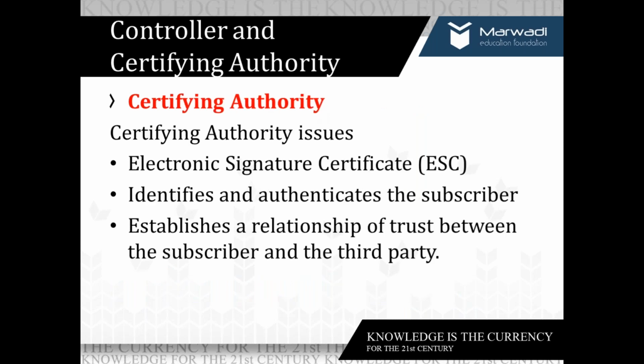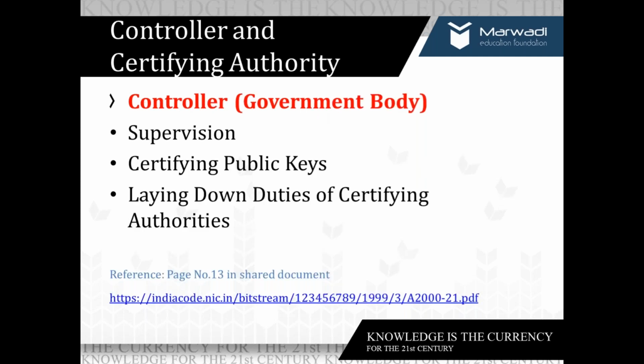We will see who the certifying authority is and what its functions are. But first, let's see the functions of the controller. The controller will define certifying authorities, which we will see in the next slide. They will supervise certifying authorities and subscribers also. So the first point is supervision.